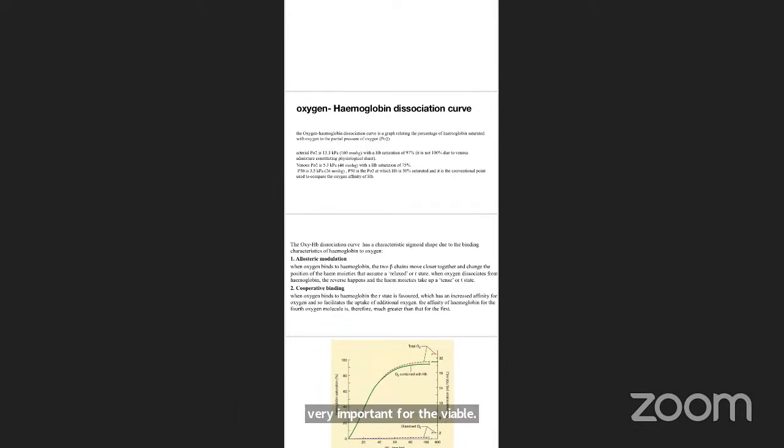Oxygen hemoglobin dissociation curve. As you all know, it's a very important topic. The oxygen hemoglobin dissociation curve is a graph relating the percentage of hemoglobin saturated with oxygen to the partial pressure of oxygen.